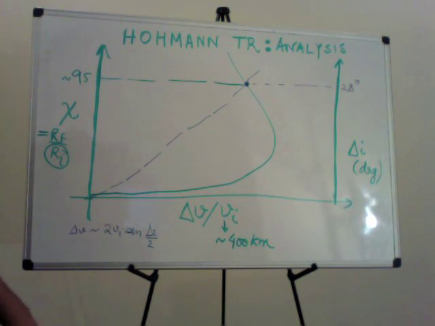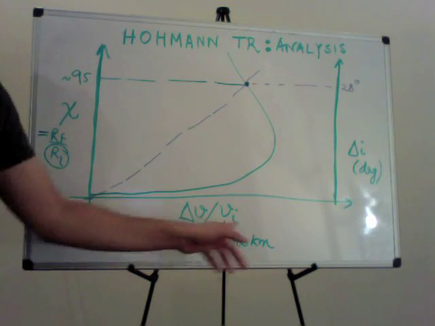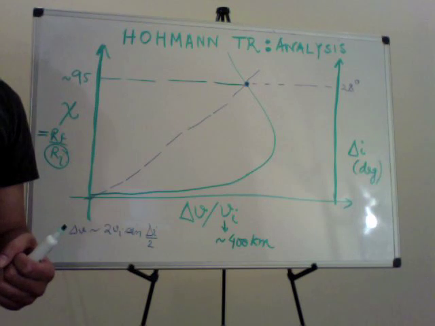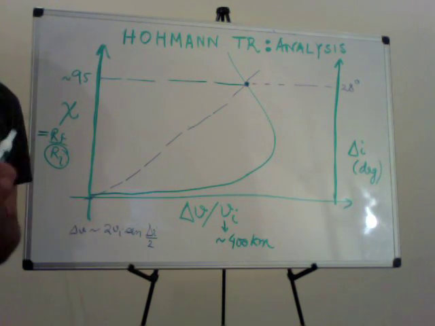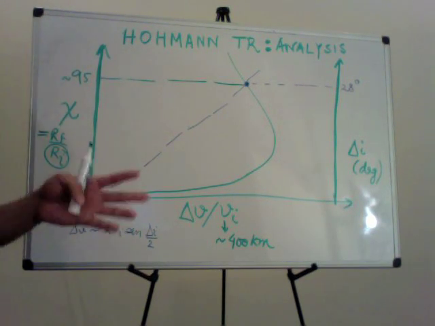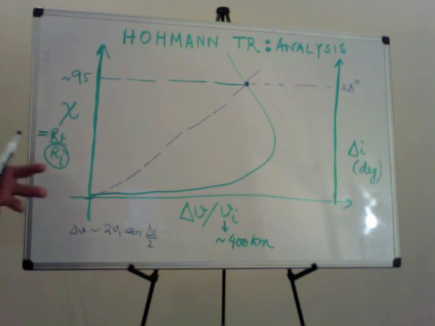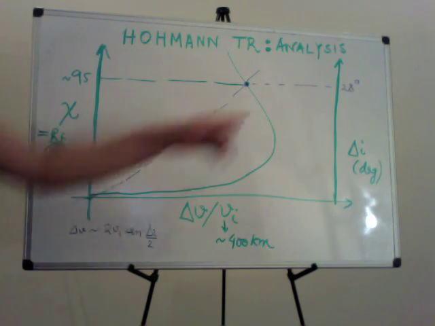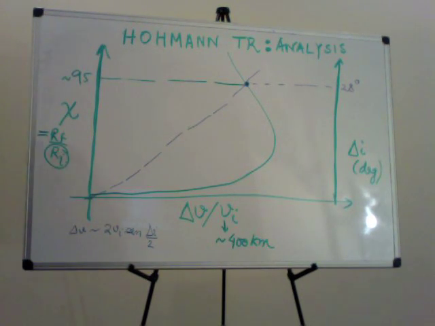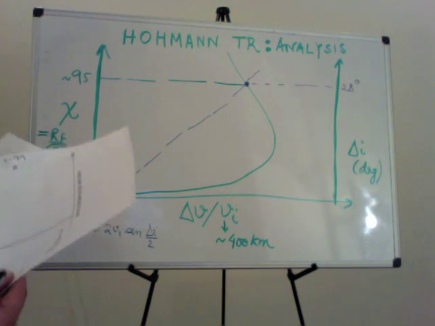Essentially, a 28-degree plane change for a 400-kilometer initial orbit is equivalent in delta V terms to a Hohmann transfer between the initial orbit and a final orbit 95 times larger than the initial orbit. That puts things in perspective: plane changes are so expensive, because for that delta V, I can achieve such a big transfer to a final orbit that's so much bigger than the initial orbit.